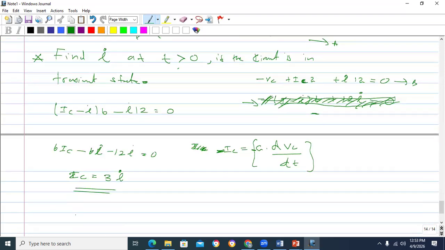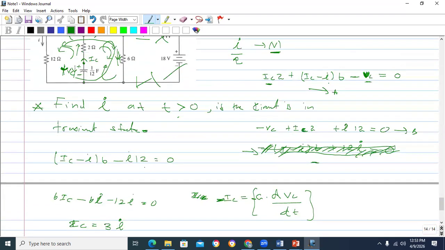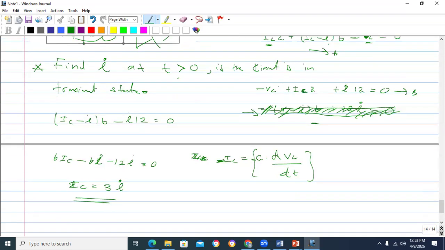So now you can consider one of these equations. You can get any equation. I will consider this one, that is the second one.